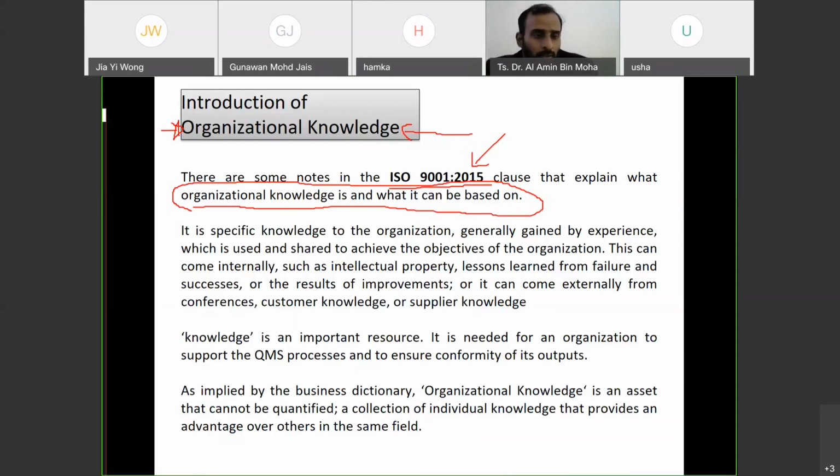So it is a specific knowledge to the organization, generally gained by experience, which is used and shared to achieve the objective of the organization. Knowledge can be anything which later on makes profit for the company. This can come internally, such as intellectual property, as said by Jia just now.